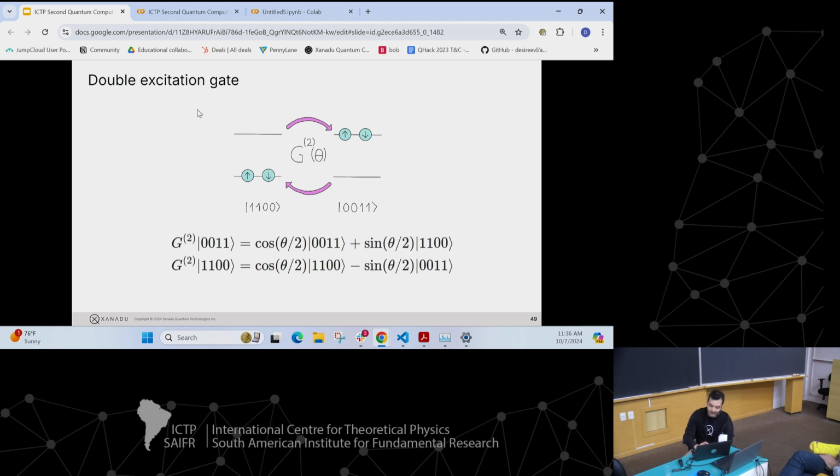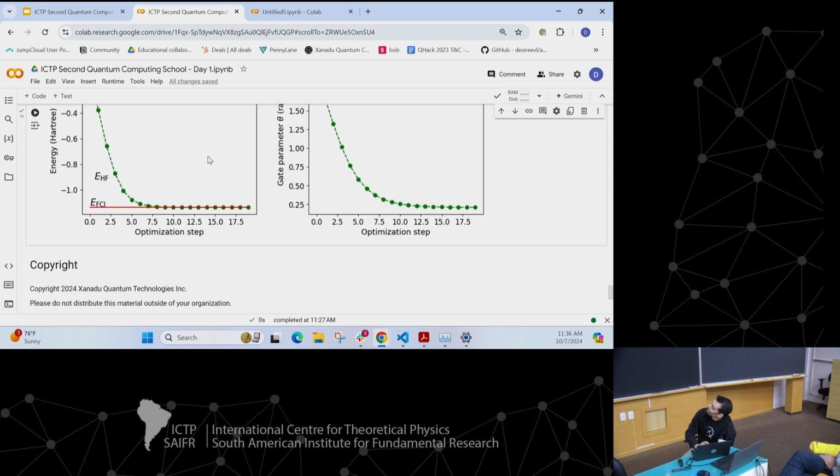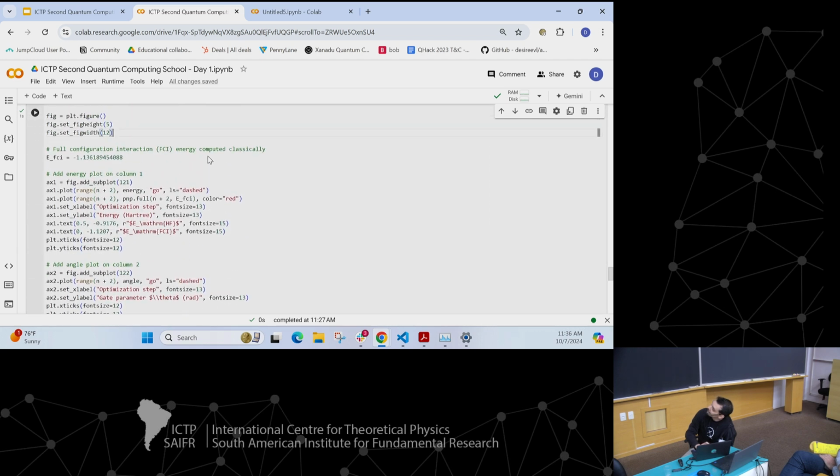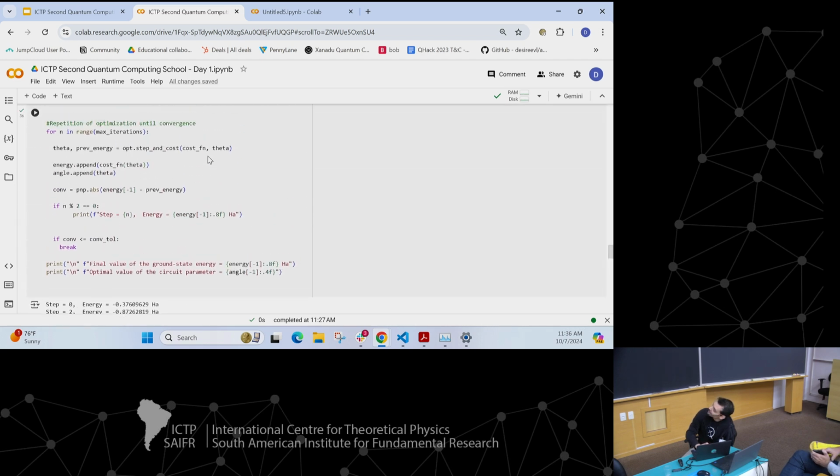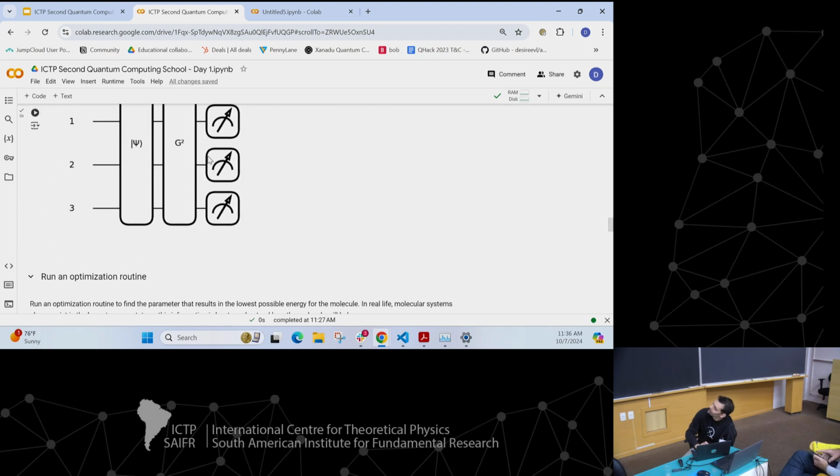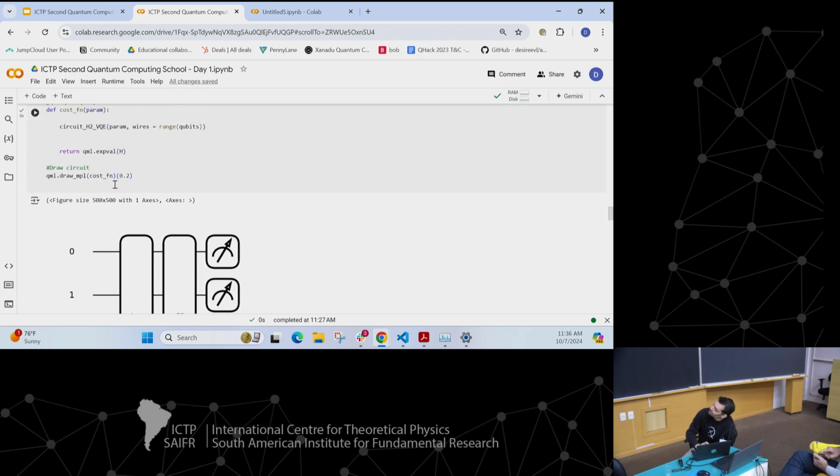The way you can do that, in your circuit, instead of returning the expectation value of the Hamiltonian, you can just return the state. So it's literally changing this to that, and you can see the state. I won't do it now because it takes a little bit of time to translate, but in principle, you can do that.